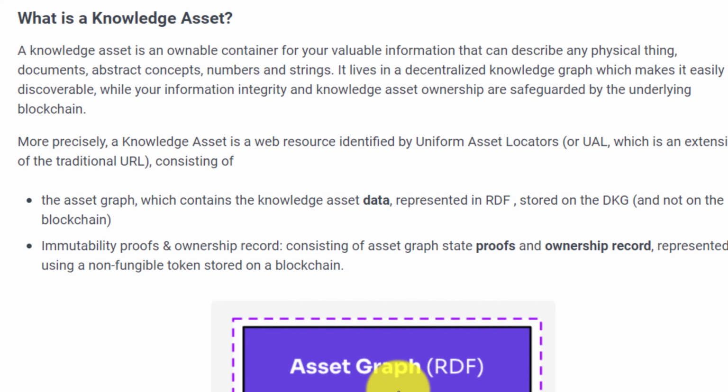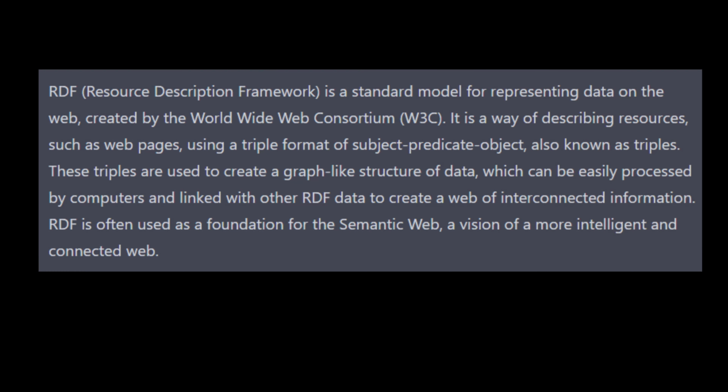Now, what exactly is RDF? RDF is a standard model for representing data on the web, created by the World Wide Web Consortium. It is a way of describing resources such as web pages using a triple format of subject, predicate, object, known as triples.